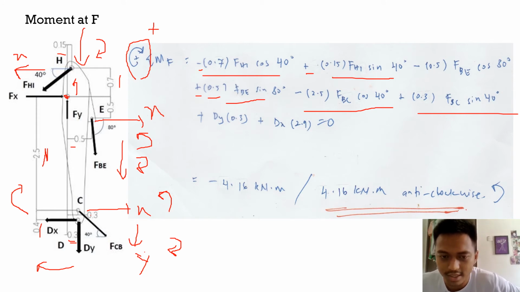Then the answer is negative 4.16 kilonewton, or we can say that the rotation of the moment is opposite to my assumption of positive for the clockwise direction. So the answer is 4.16 kilonewton meter anti-clockwise rotation.